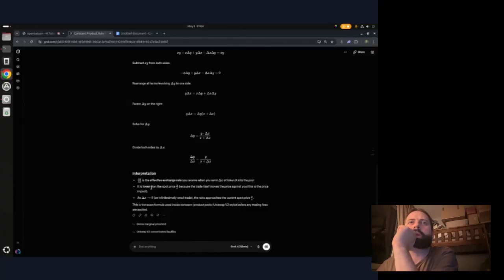Is lower than the spot price because the trade itself moves the price against you. Exchange rate. So as this delta approximates 0, the ratio approaches the current spot price. I guess that's what it's trying to tell me. Okay, so let's think about this. So this is the exchange rate. That's what it is.